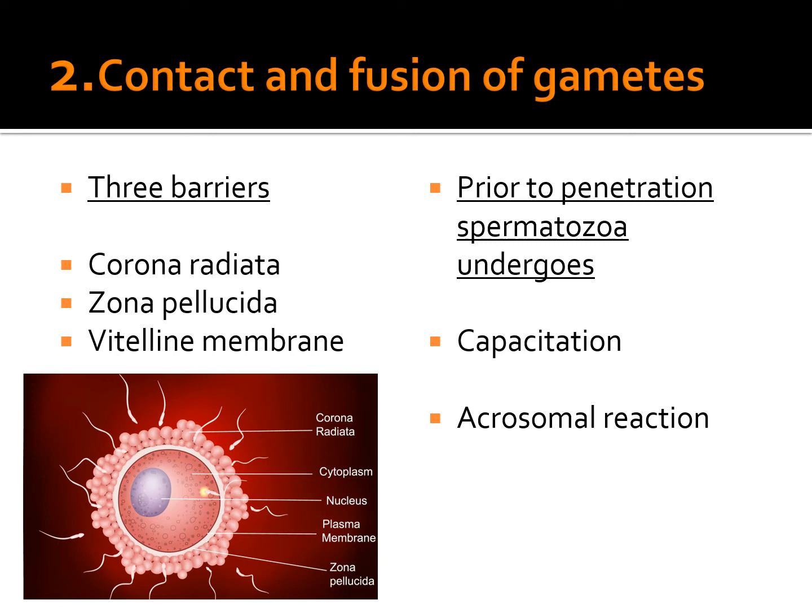These three layers prevent the entry of spermatozoa. Prior to penetration, the spermatozoa must undergo capacitation and the acrosomal reaction. Only then can it cross the barriers of the oocyte.